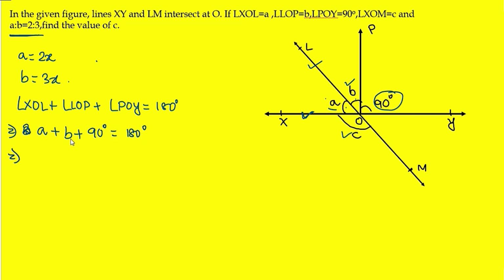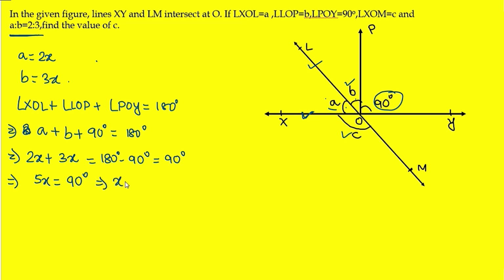Okay, so A we can write as 2x, B we can write as 3x, and if you shift here, 180 degree minus 90 degree, that is 90 degree. Okay, so this is 5x equals 90 degree.